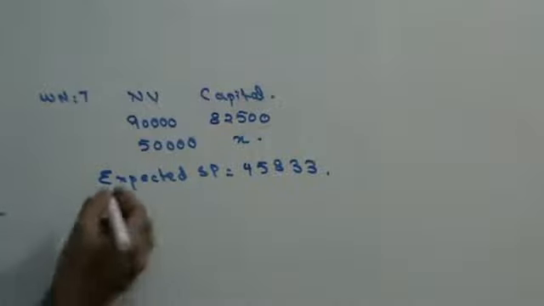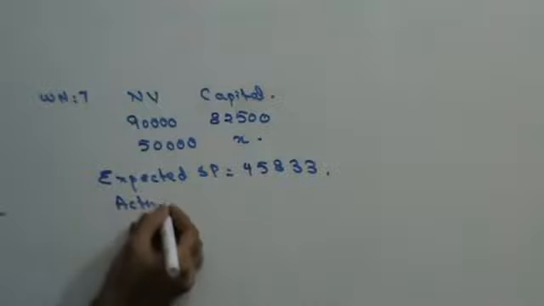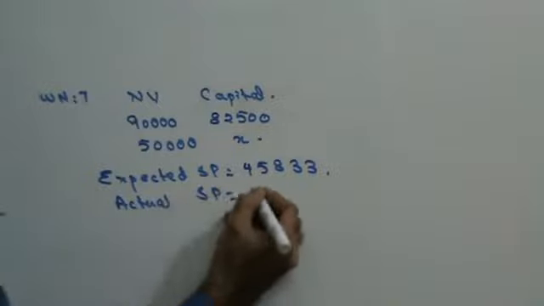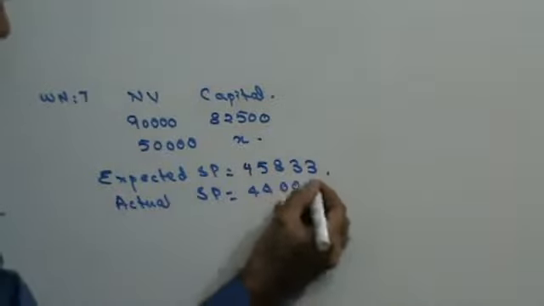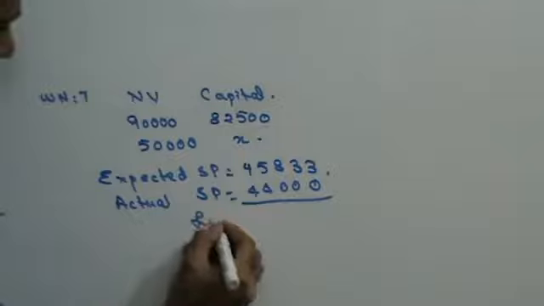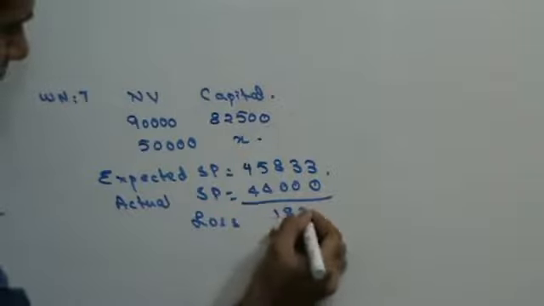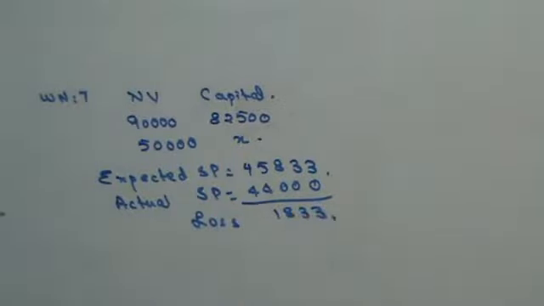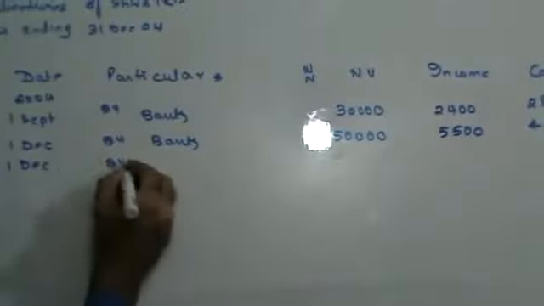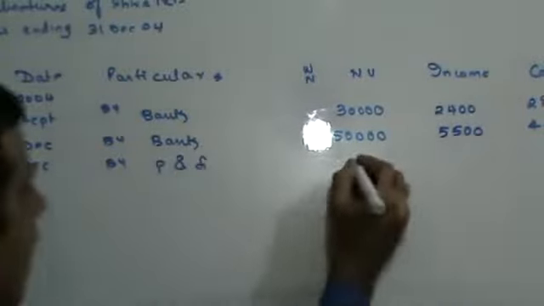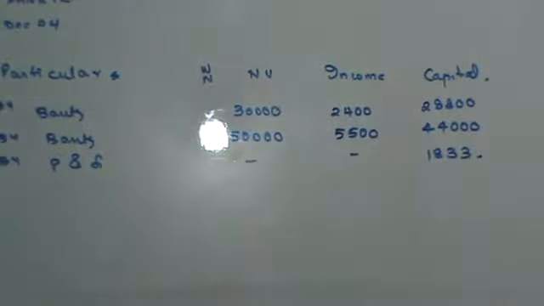That should be your expected selling price. Your actual selling price, how much did you sell it for? 44,000. So how much loss have you incurred? 1,833. You made a loss of 1,833. You will write this here: 1st December by P&L, 1,833. Fine, do we get this thing clear? Okay, next.